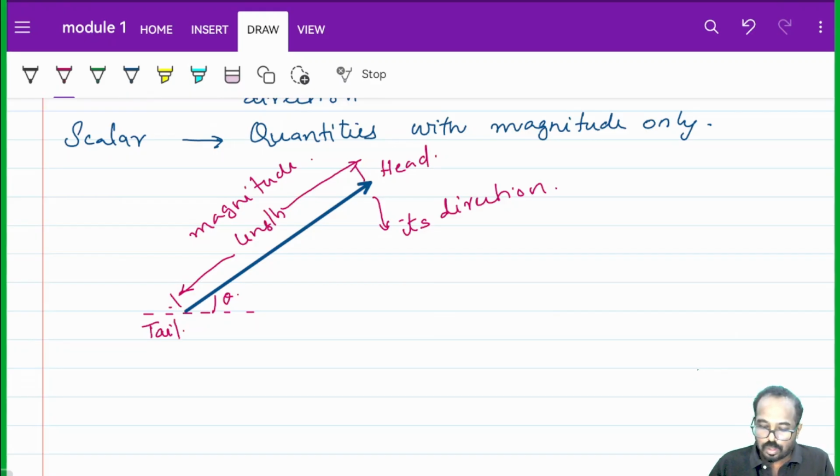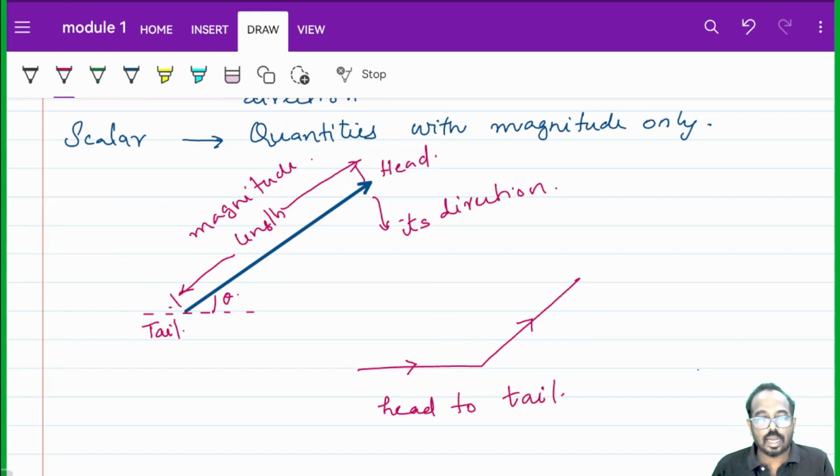If you want to add two vectors, make sure that you are joining head to tail. This is the graphical method.